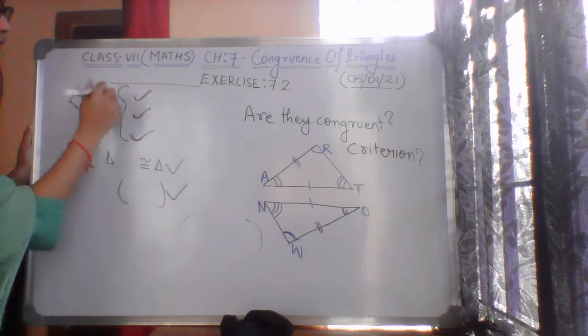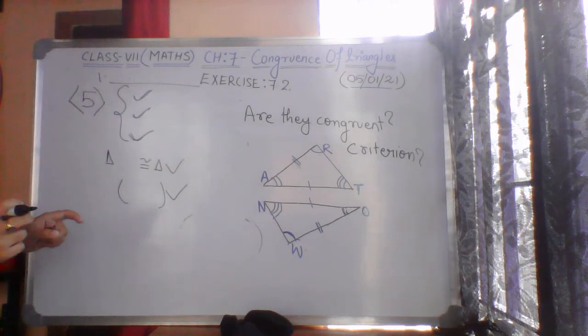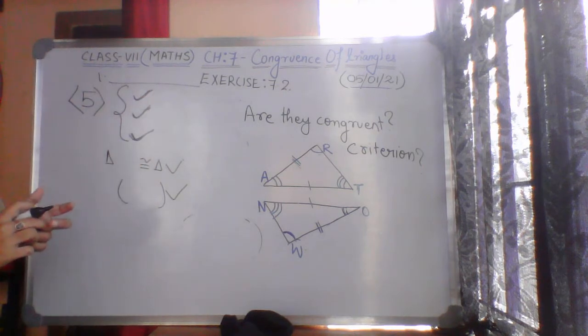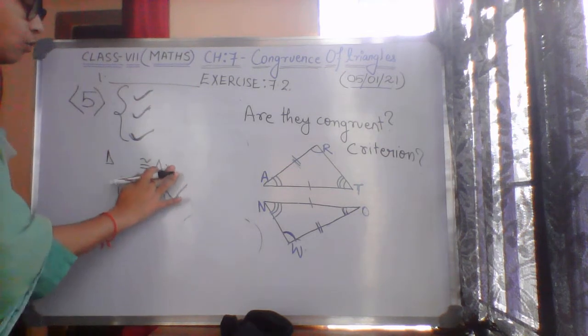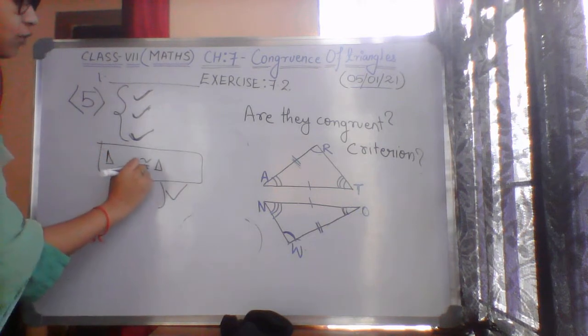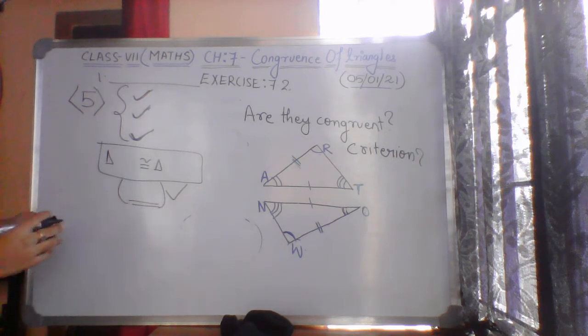First step, you write which two triangles you are considering; their names should be there. Then which three things are equal that can prove they are congruent. You write those three things. Then you write the congruency form: triangle this is congruent to triangle this, and in brackets the criterion. This is the form in which you solve this question.